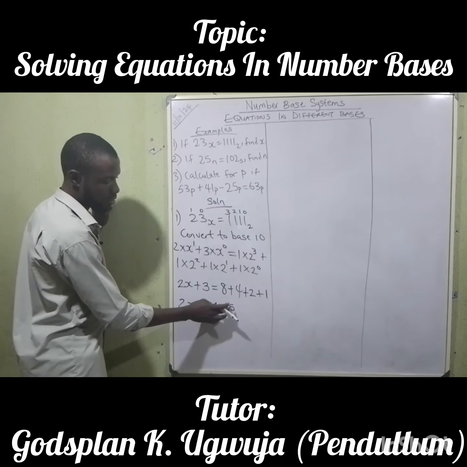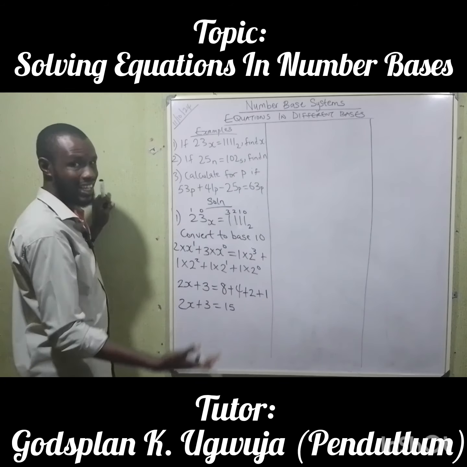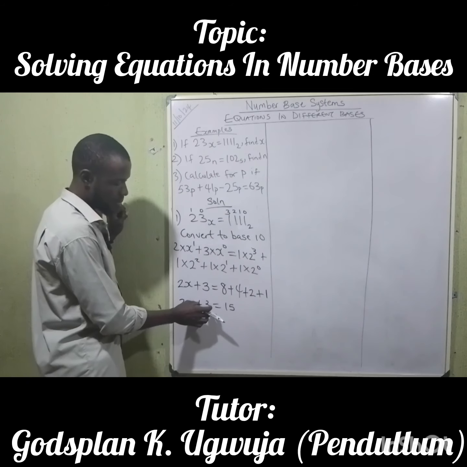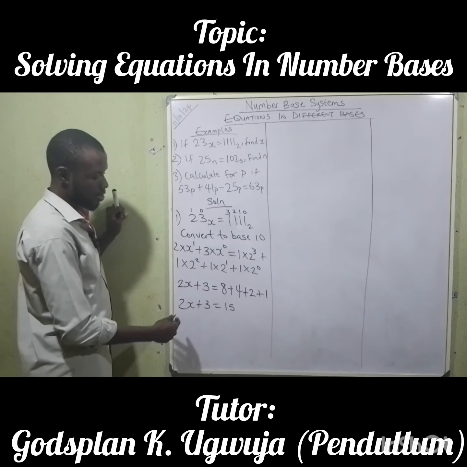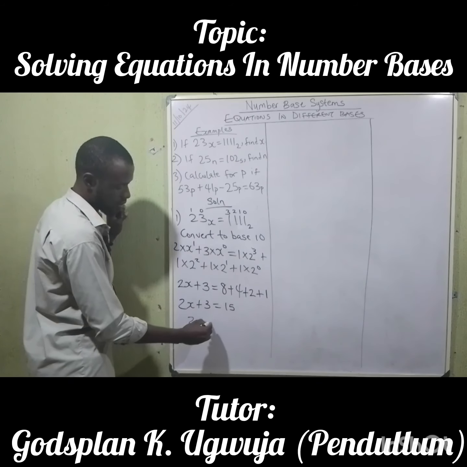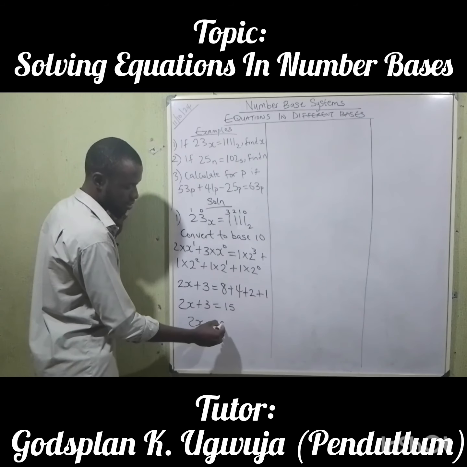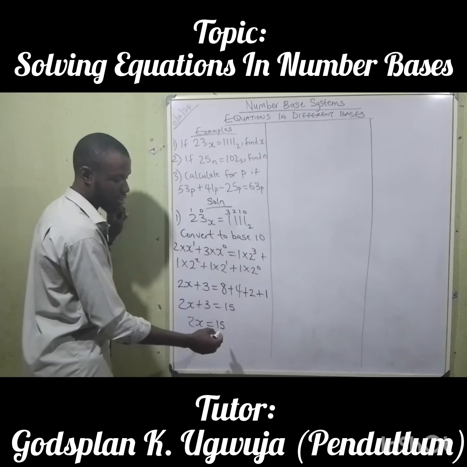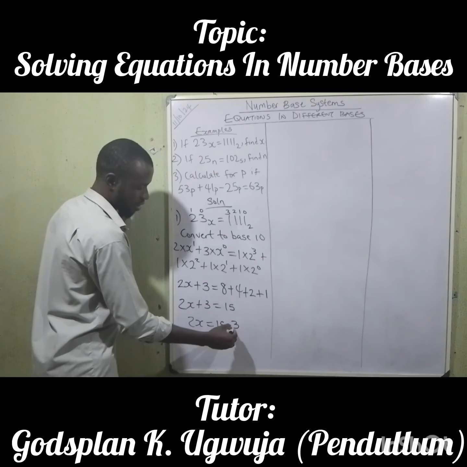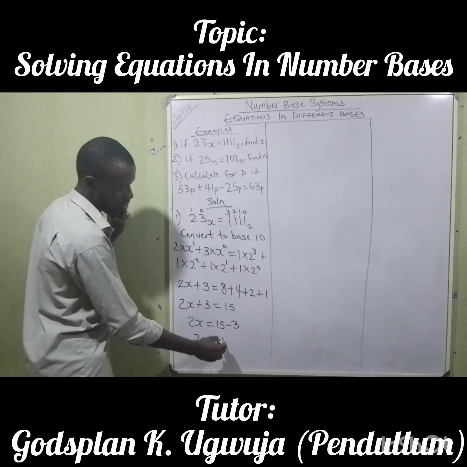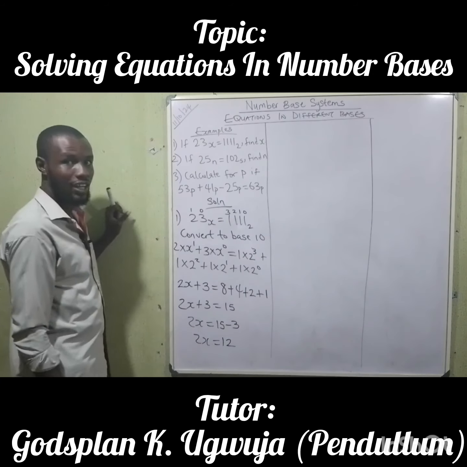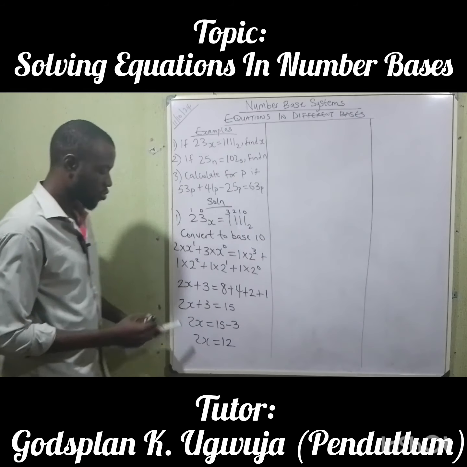Plus 3 and 15 are numbers, so both of them are alike. And remember that if plus crosses the equality sign, it becomes minus. So I have 2x is equal to 15 is already here, so I put it down here. Plus 3 crosses, it becomes minus 3. 2x is equal to 15 minus 3 is 12. Now to find x, I have to get rid of these 2.